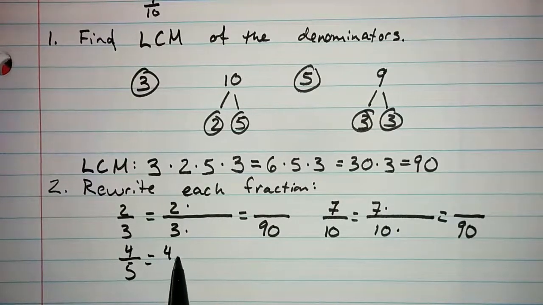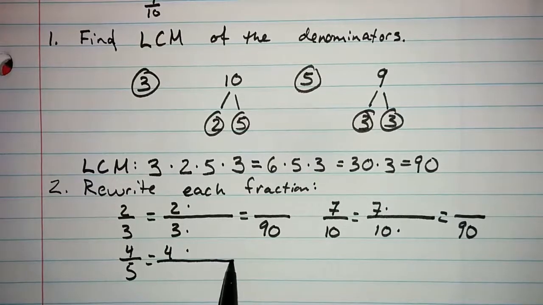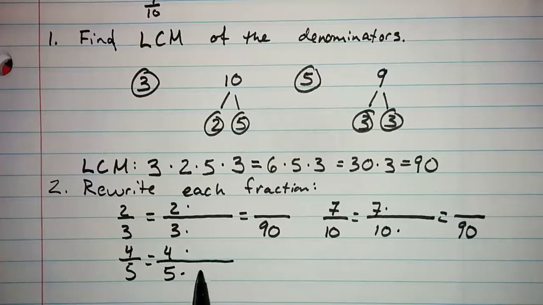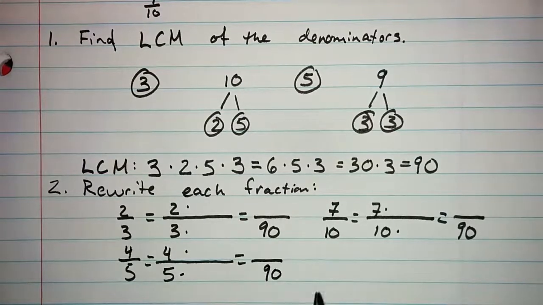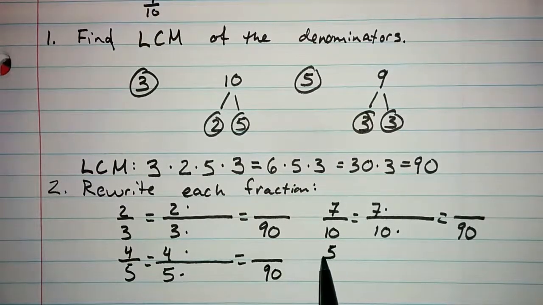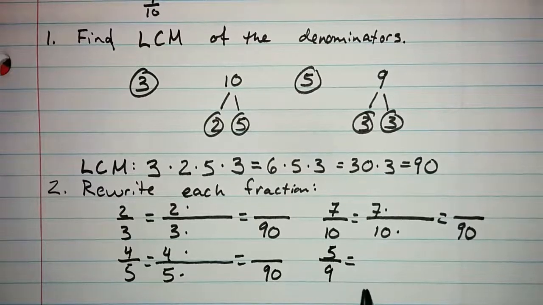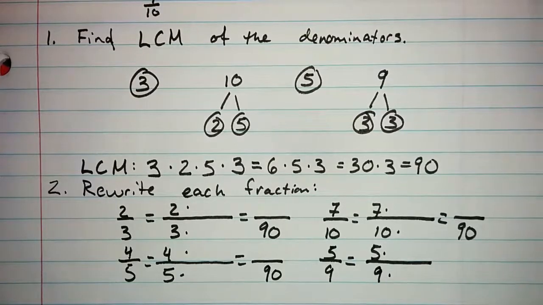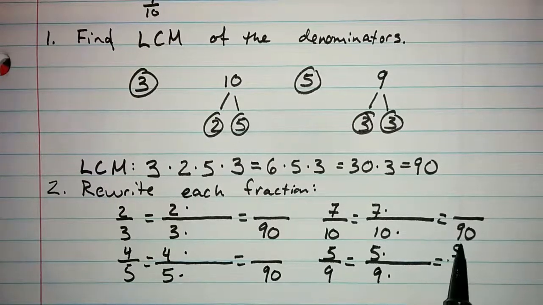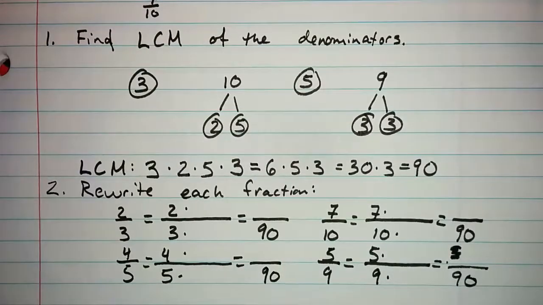That'll be 4 times something over 5 times something will be some number of 90ths. And 5/9. That'll be 5 times something over 9 times something will be some number of 90ths.